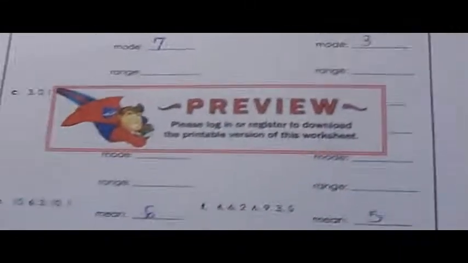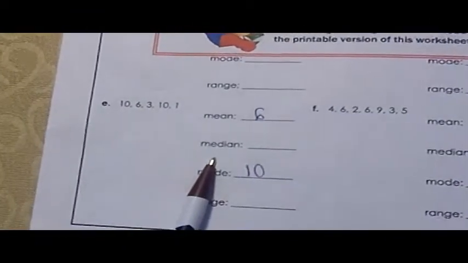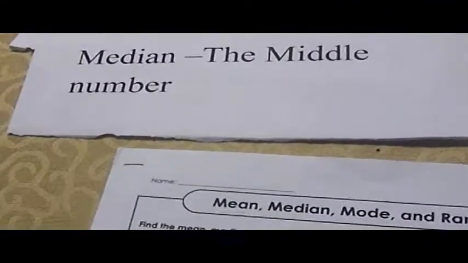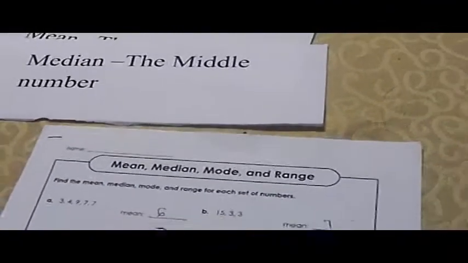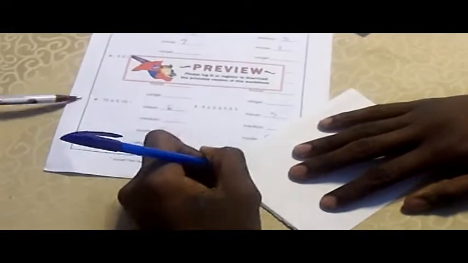All right, Denzel, could you do the next one, letter E, and tell us what your median would be? Going back to the definition, for the median you line your numbers from the lowest to the highest, and then the number in the middle will be the median. The lowest number for letter E is 1.